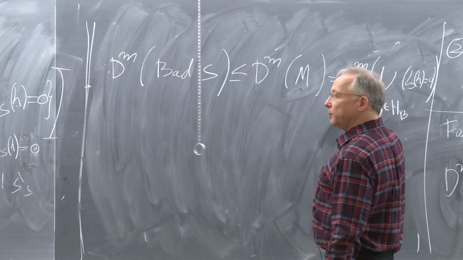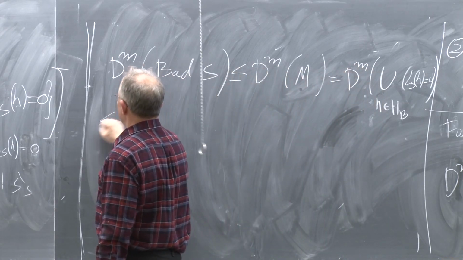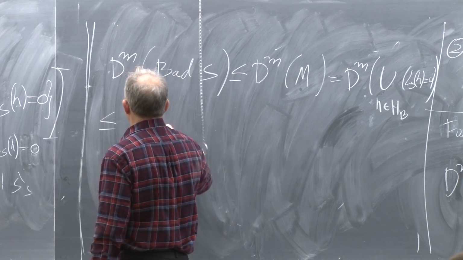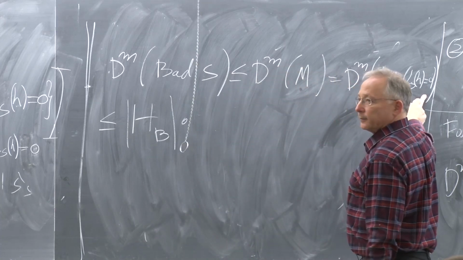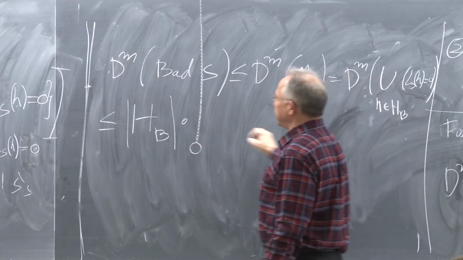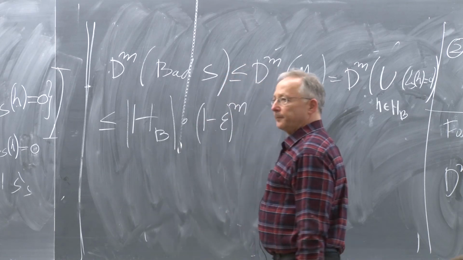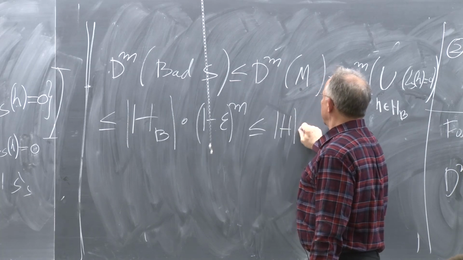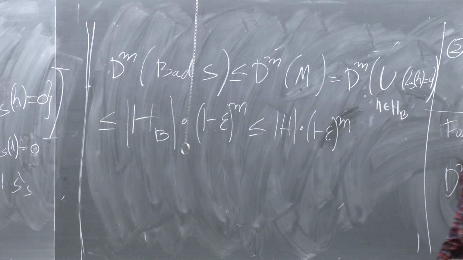Now, for this union, I use a union bound. So it's at most the sum of them all. So it's the size of H_B times the probability of this event. And the probability of this event is at most (1 − ε)^m. And this is at most the size of H times (1 − ε)^m.